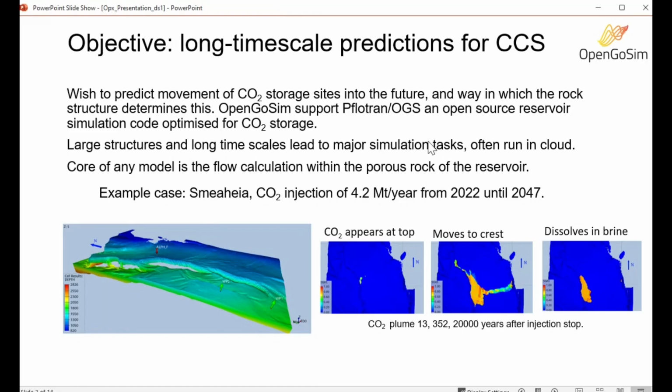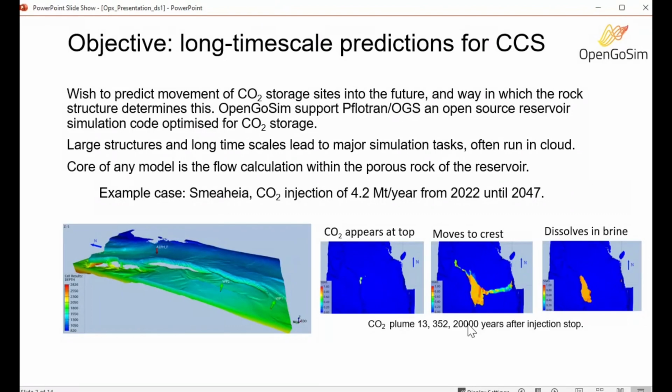So here's the results of a typical simulation. We start injecting, and 13 years after we start, the CO2 starts to appear at the top of the porous region. There'll be some sort of non-porous region sealing above this. We go forward 300 years, and the CO2 is now at the top, and you can see it's migrated to the crest of the reservoir, and it's beginning to pool up here.